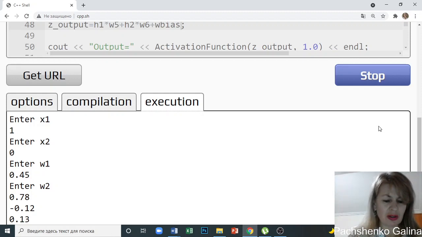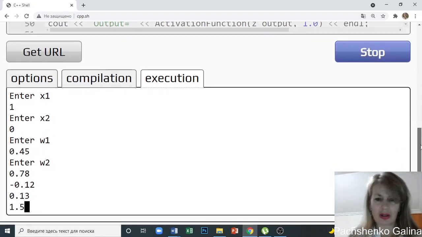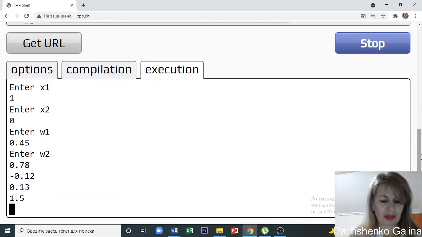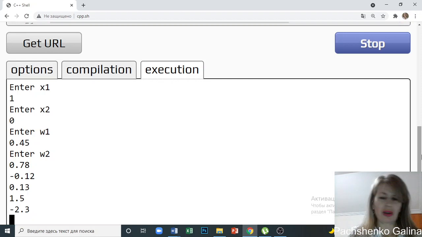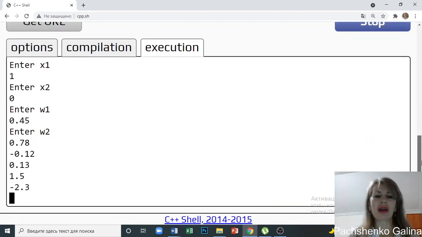1.5. Please look at it. And the last with minus. And now our bias.